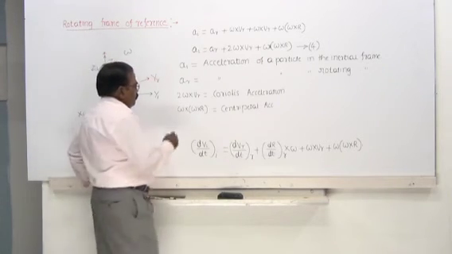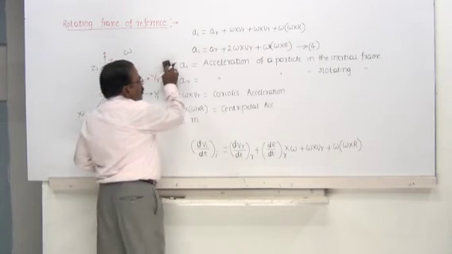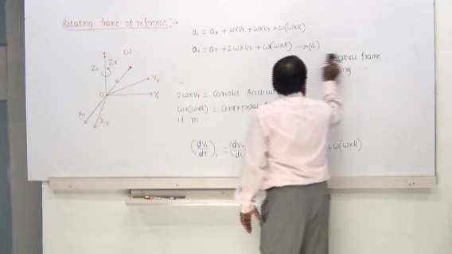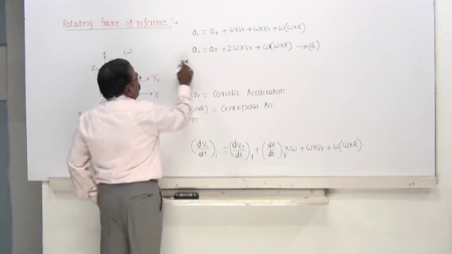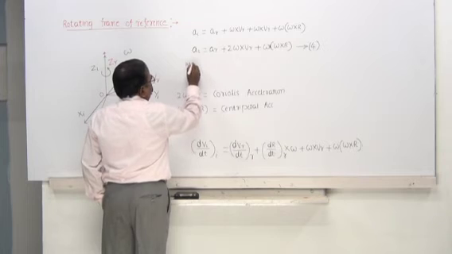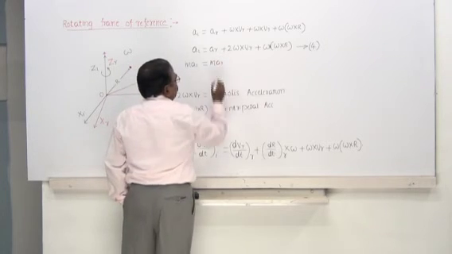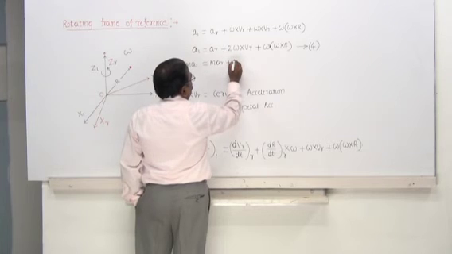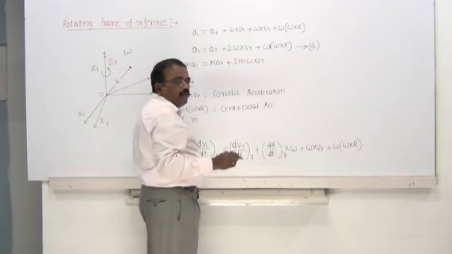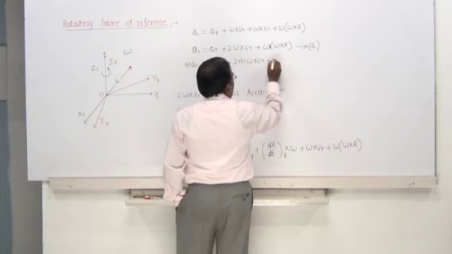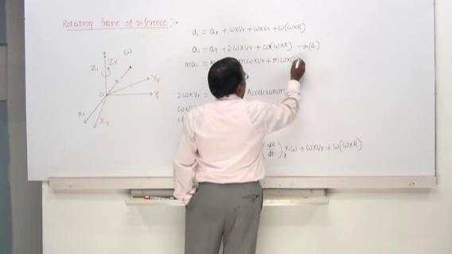Then if m is the mass of the particle, the corresponding force is m AI equals m AR plus 2m omega into VR plus m omega into omega R.